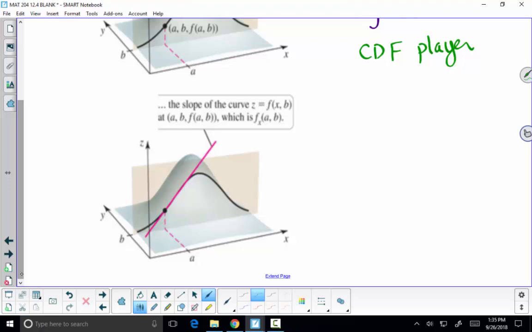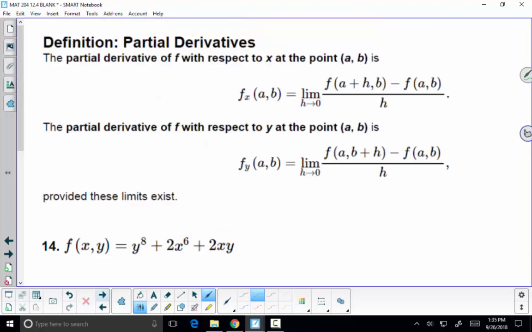A comma b, though, is down in the domain. There's a comma b. So the rate of change is the slope of that tangent line. So f sub x is the rate of change in the positive x direction. Here is what the partial derivatives look like mathematically. Let me also say that we use this notation. You will see both of these notations.